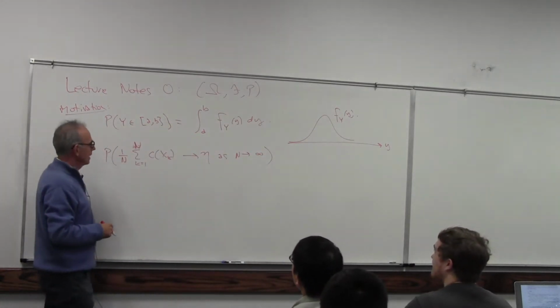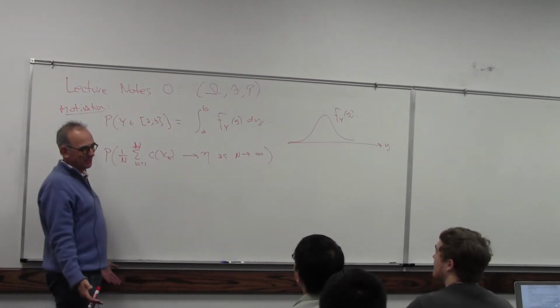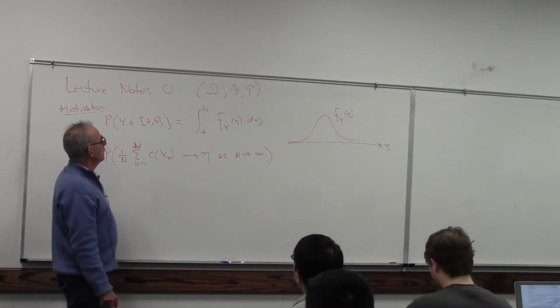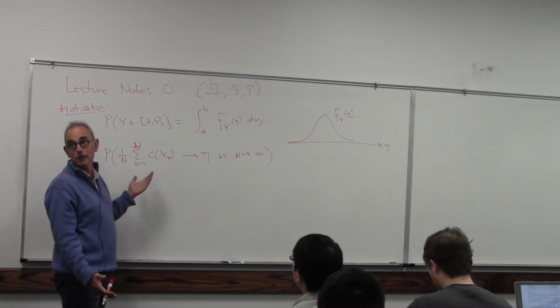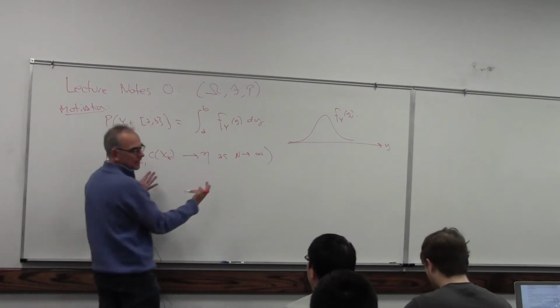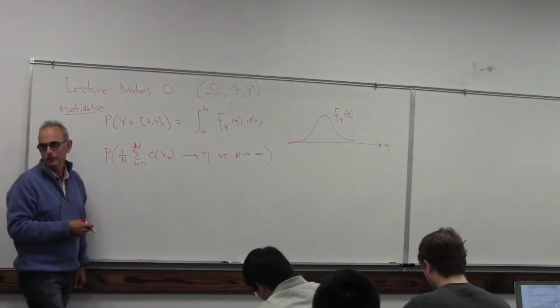All right, there's our question. Where's the density? How do you make sense of this? There's nothing in an undergraduate probability course that lets you even talk about this. It's meaningless, right? There has to be a density associated with it or something. It doesn't make any sense, right?